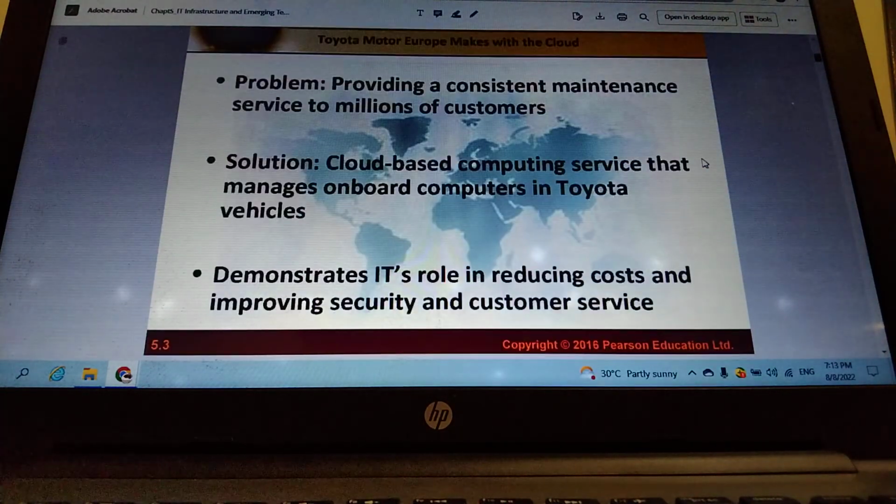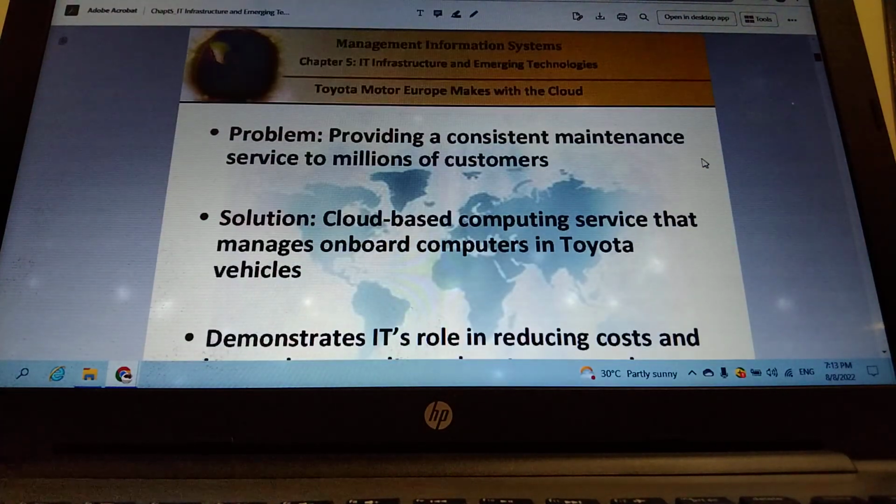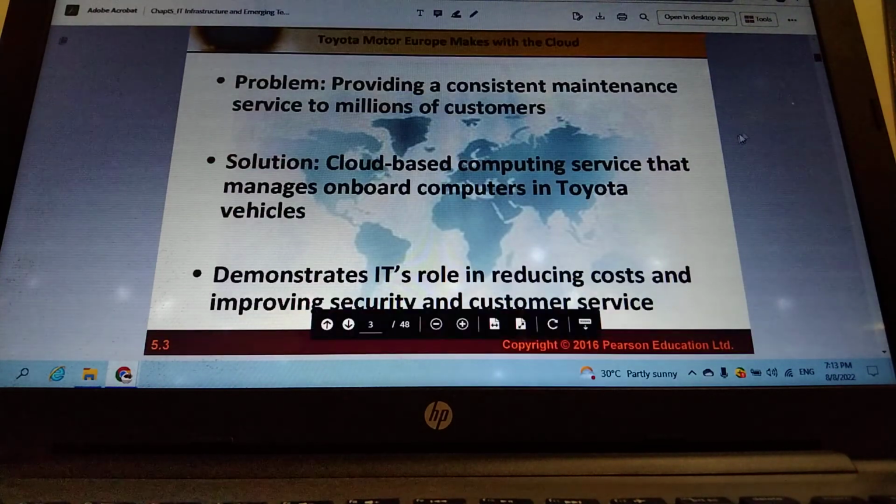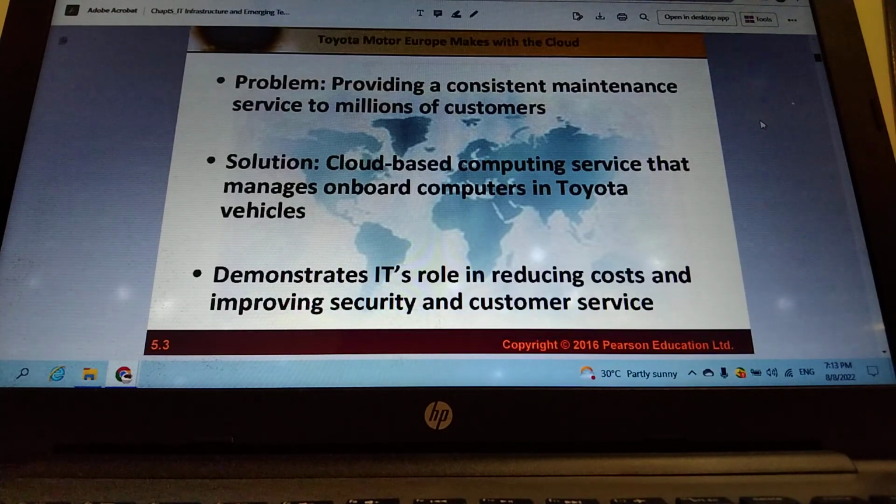As usual, they have provided us one case study to be discussed in the second part of the lecture, during the open discussion session. The problem is related to Toyota Motor Europe mixing with the cloud. The problem that this company is facing is providing a consistent maintenance service to millions of customers.